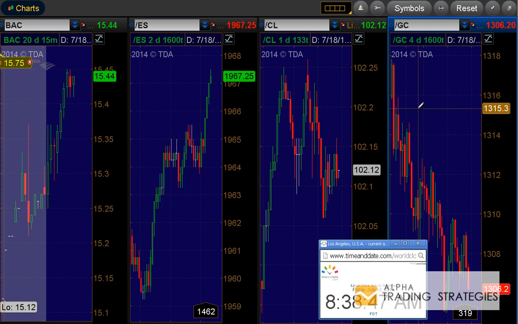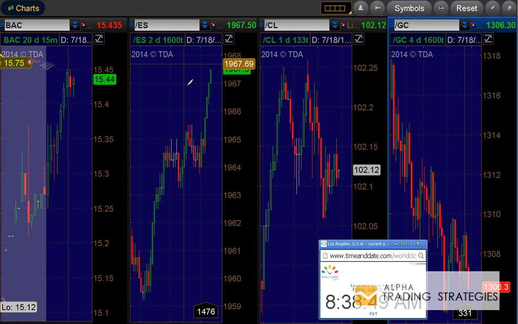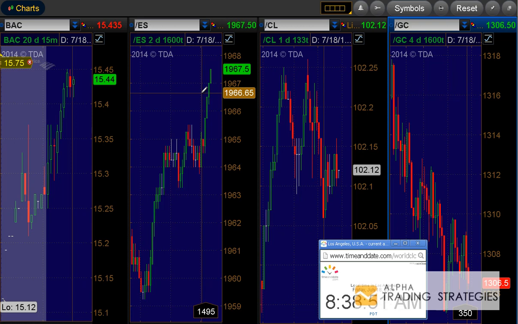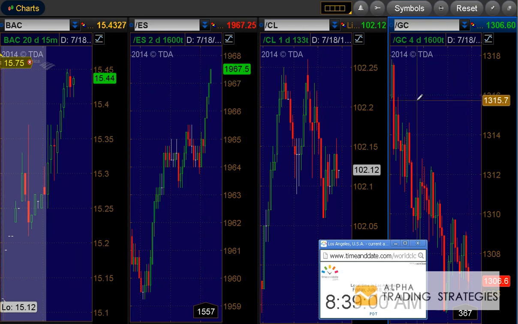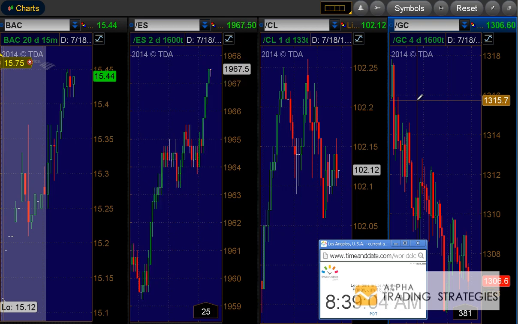In ES, your risk is literally infinite unless you place a stop loss. In crude oil, same thing because these are futures contracts. In gold, same thing. So if you are trading stock or futures, your risk is not defined.